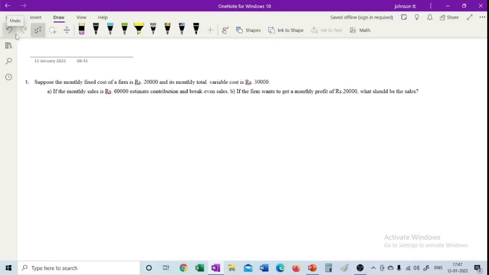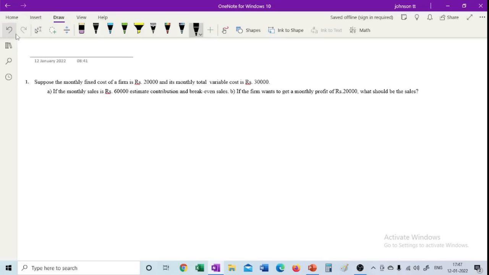The next question, suppose the monthly fixed cost of a firm is rupees 20,000 and its monthly total variable cost is rupees 30,000. If the monthly sales is rupees 60,000, estimate contribution and break-even sales. If the firm wants to get a monthly profit of rupees 20,000, what should be the sales? See, here the first part of the question is, if the monthly sales is rupees 60,000, estimate contribution and break-even sales.